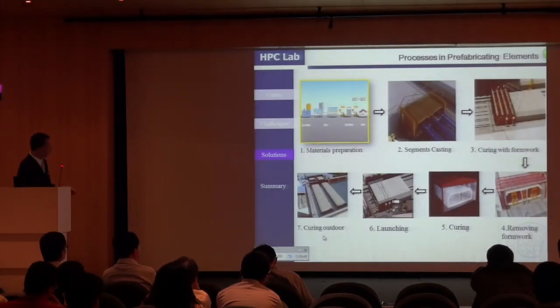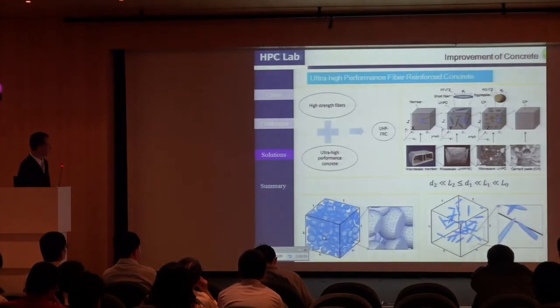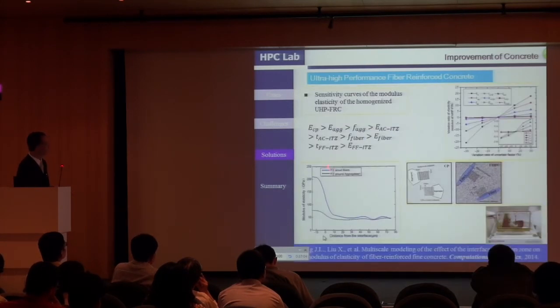So to improve this, we should start from the preparation of the material. So-called high-strength fiber was introduced, and a similar process was also applied to the simulation of the material, and the nano indentation method has been used to calibrate the strains.